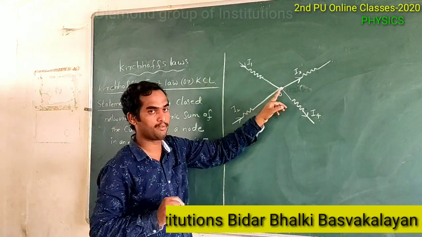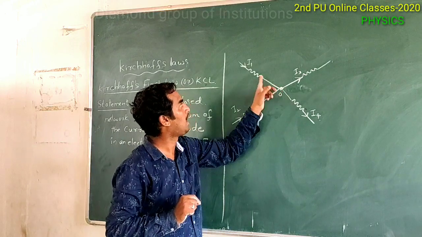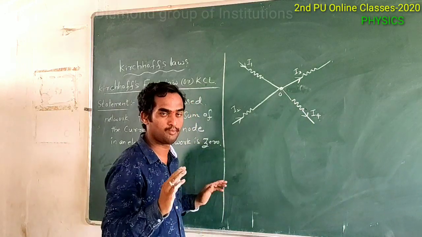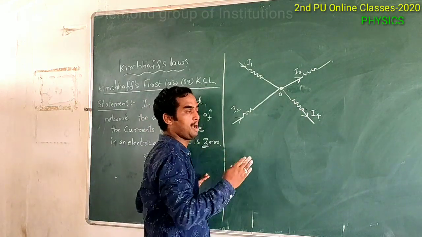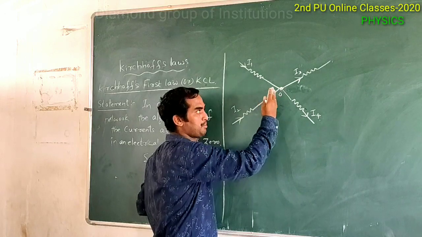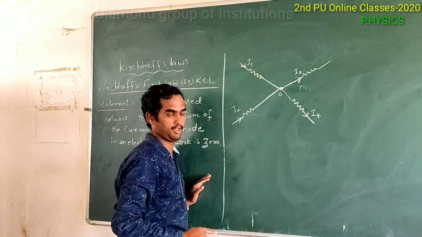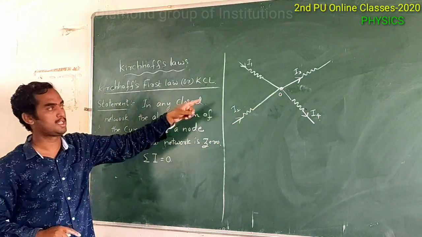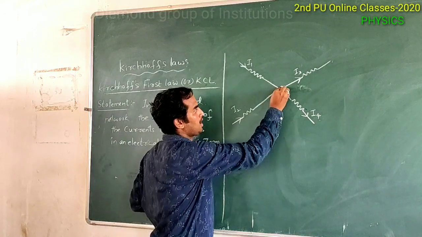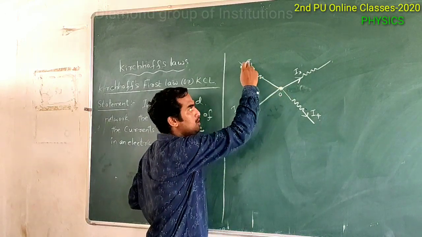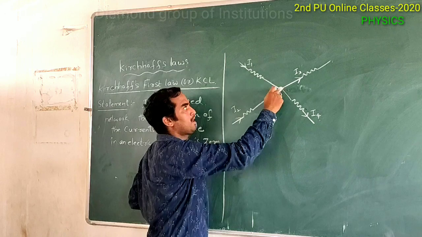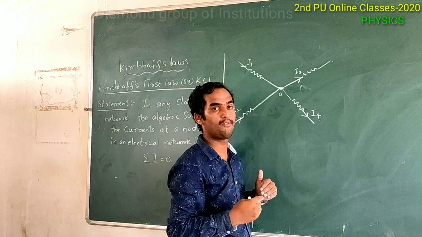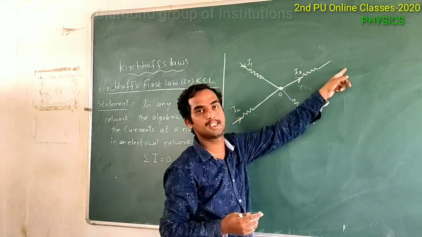See the diagram here, network at point O: I1, I2, I3, I4. There are 4 different currents, some approaching towards O and some going away from the network. If you apply Kirchhoff's first law to this network, whatever current is moving towards the junction is taken as positive, and whatever current is going away from the junction is taken as negative.